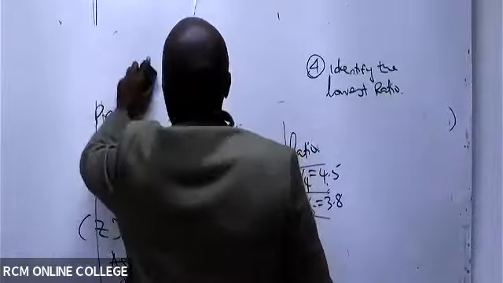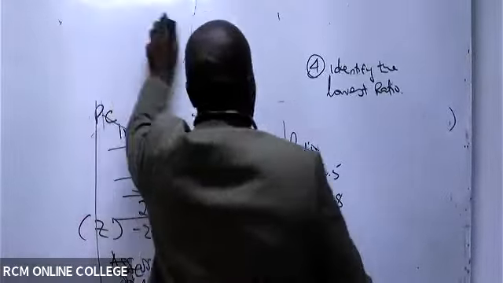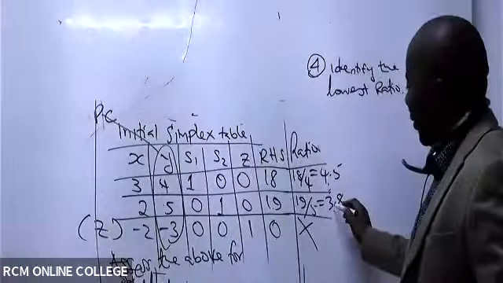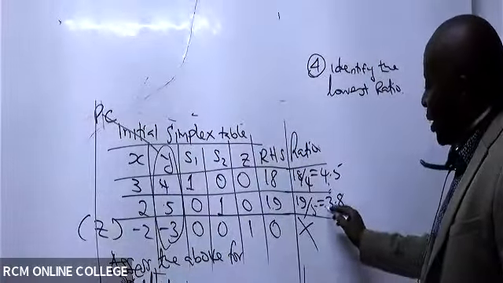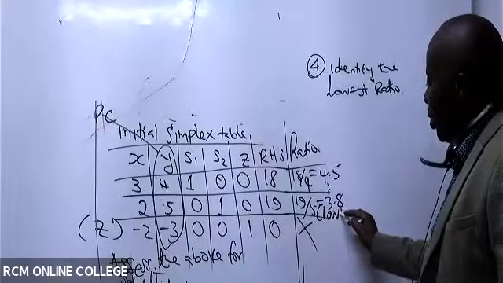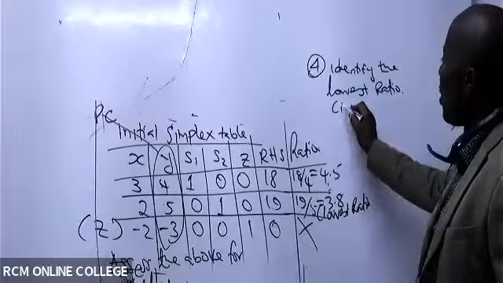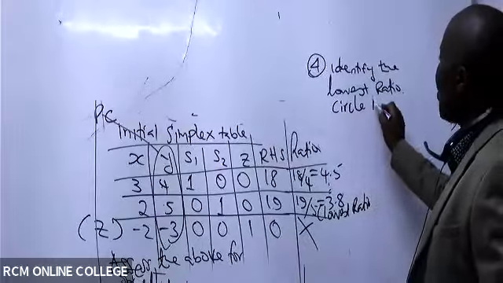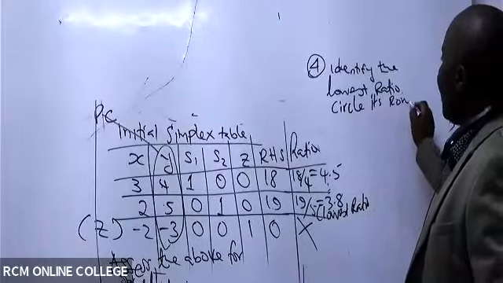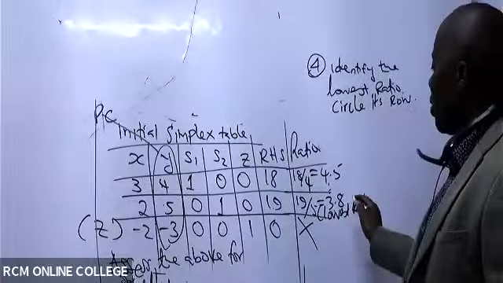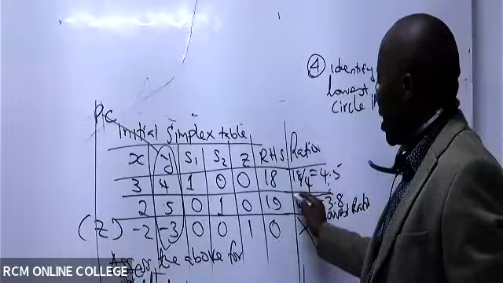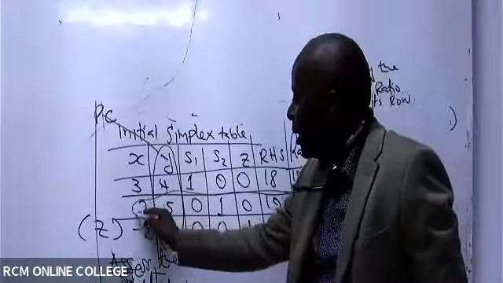So identify the lowest ratio, which in this case is this 3.8. 3.8 is lower, so this is the lowest ratio. Please circle its row. Come to this lowest ratio and circle the row like that.